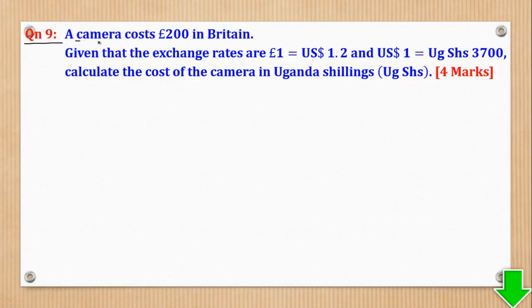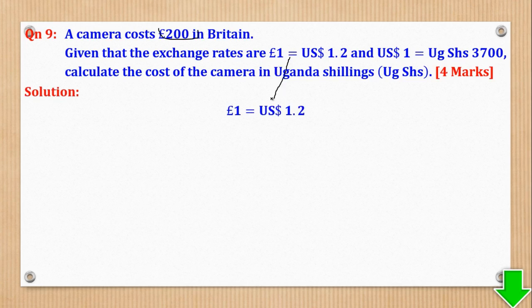That was question 8. We shall now go to question 9. Question 9 says, a camera costs £200 in Britain. Given that the exchange rates are £1 equal to 1.2 US dollars and $1 equal to 3,700 shillings, calculate the cost of the camera in Uganda shillings. So we shall start with this because we are given pounds.